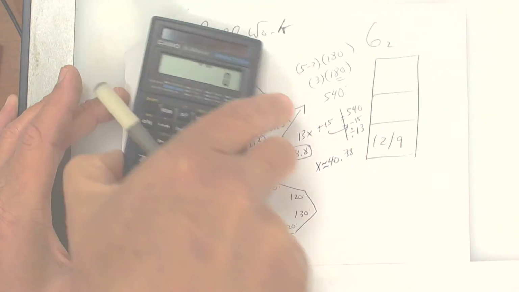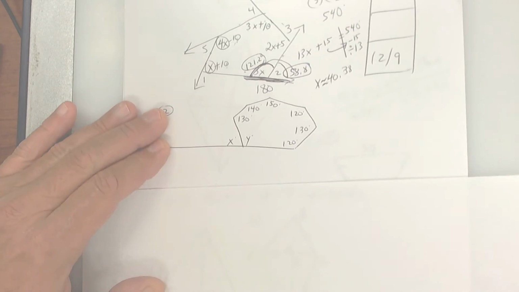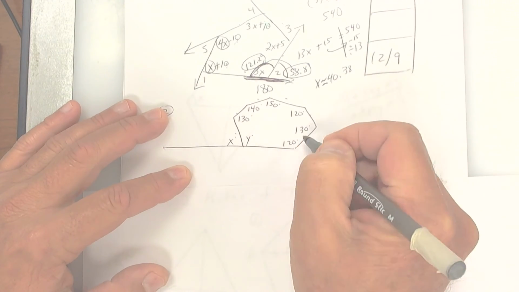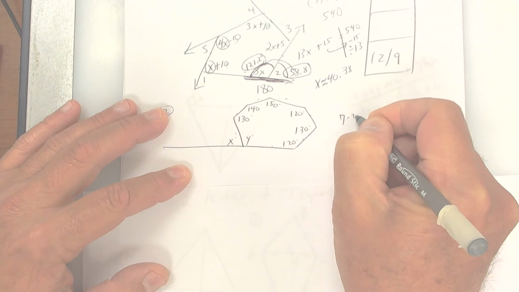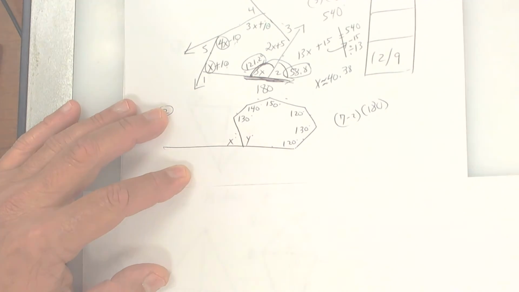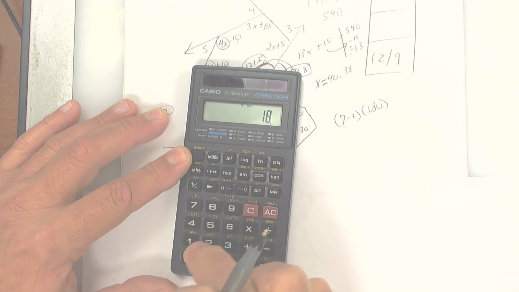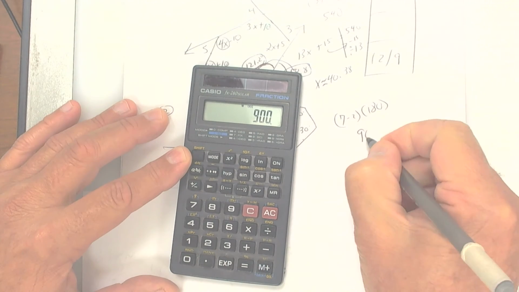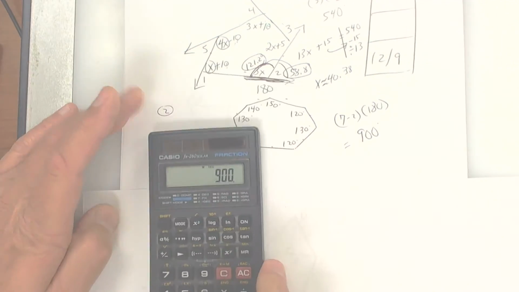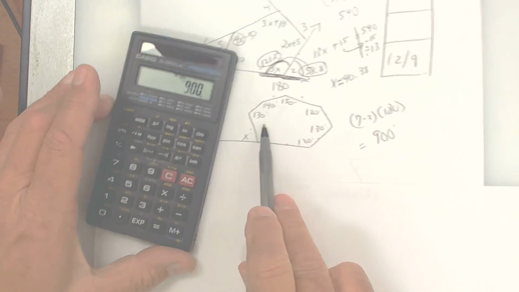Okay, so if you add this up and this up, it should be 180, but keep in mind that we rounded it off. All right, this one right here, you have 1, 2, 3, 4, 5, 6, 7 sides, so that's 7 minus 2 times 180. Let's see what that is. So 5 times 180 is 900 degrees. So what you're going to do is start subtracting.